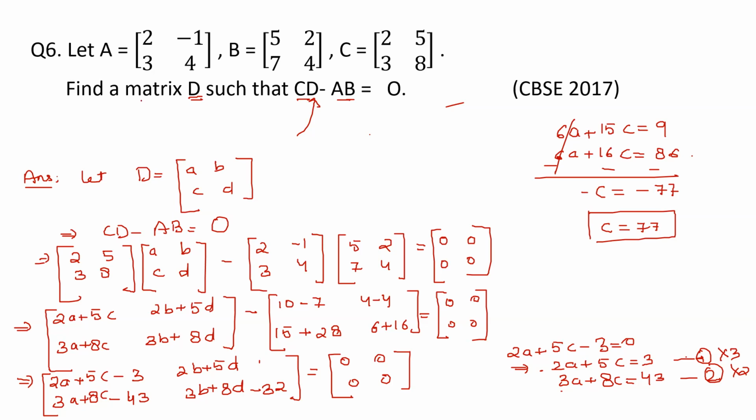Okay, first you are getting d is equal to 32. That is not correct first. D is 44. But first of all, please find the value of a because I have already found out the value of c. You just need to put this value in any of these two equations and you will get the a from here. Okay. So first of all, please find the value of a.